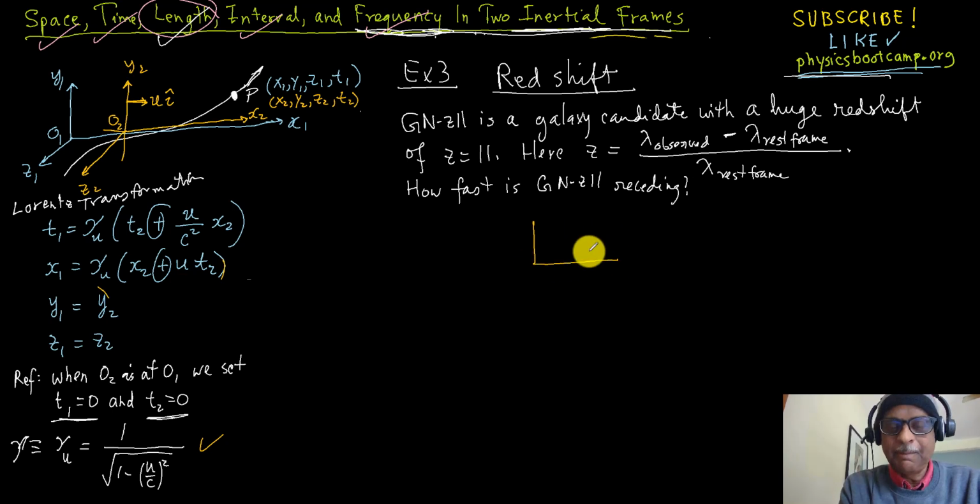So here is a rest frame, and this is moving with some speed in the line of sight, and there may be a transverse speed which will not be picked up, and then we have this lab, and it emits a certain wavelength. So lambda 2 is lambda rest, and lambda 1 is lambda observed.